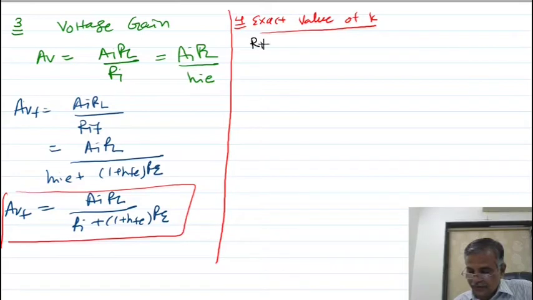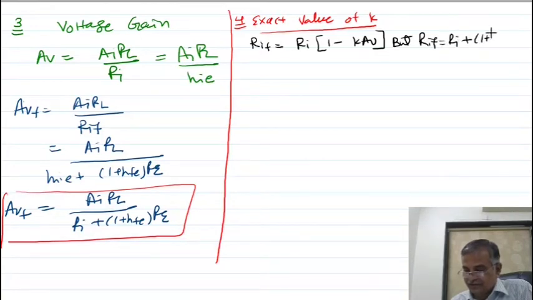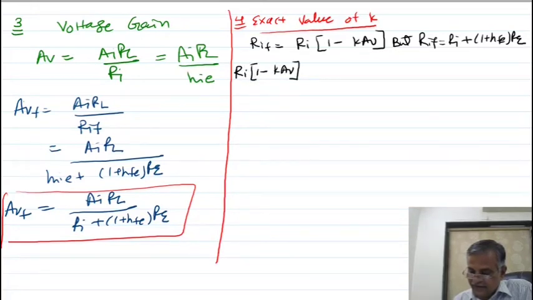The equation of Rif due to negative feedback, we have derived in the previous lecture. Rif is equal to Ri into 1 minus K Av. But just now we have got Rif is nothing but Ri plus 1 plus HAB into Re. Compare both. I am comparing: Ri into 1 minus K Av is equal to Ri plus 1 plus HAB into Re.